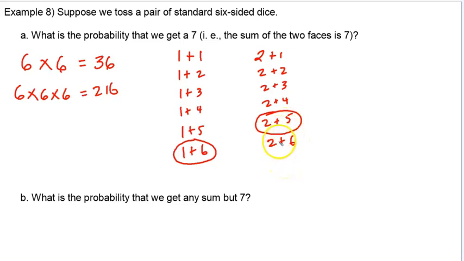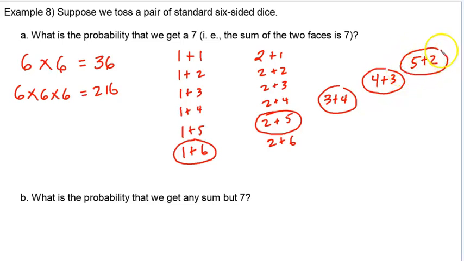All right, so you can kind of get the idea. Every time we change just the left number, the face number, we will have another 6 possibilities, but only one of those, which would be 3 plus 4, would equal 7. Then we do the 4, and that would give us 4 plus 3. Then we change it to 5, and 5 plus 2 would be the 1 out of those 6 that would give us the sum of 7.